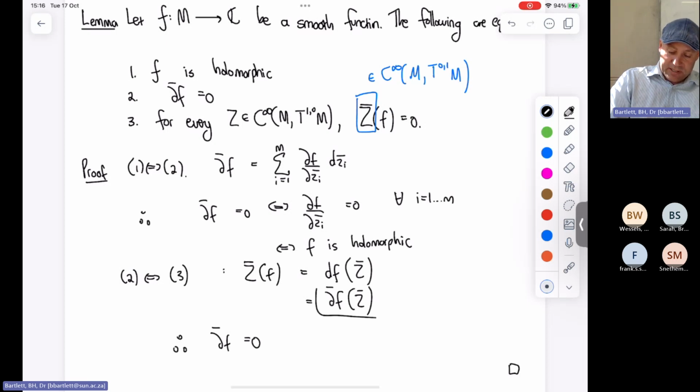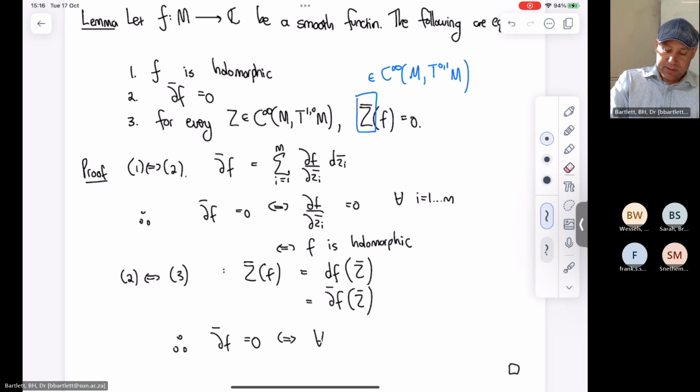That's what this is, for all 0, 1 vector fields, if and only if, for all, exactly the statement here.